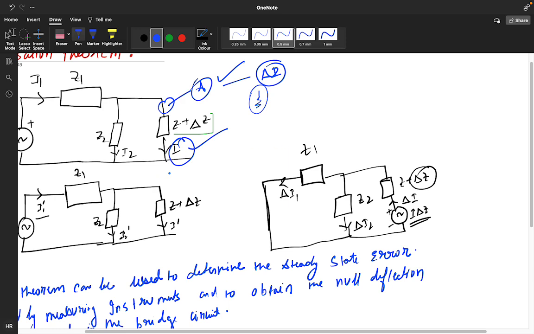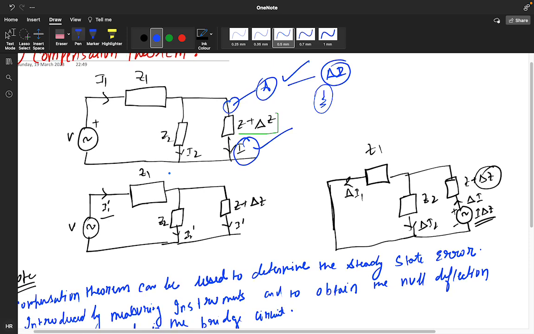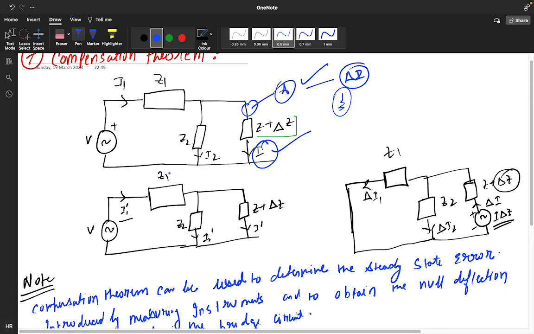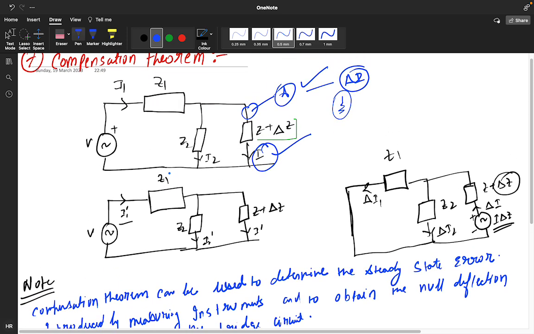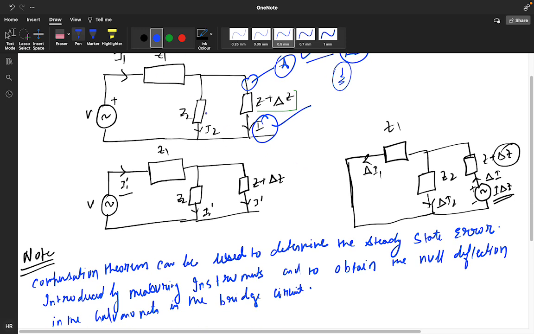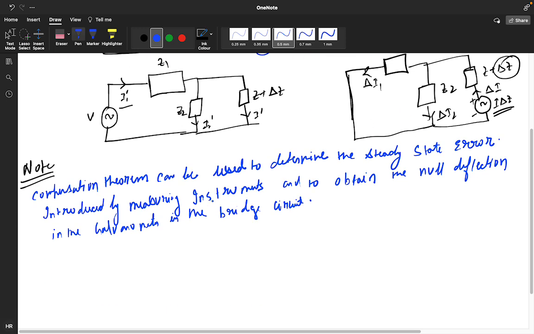We'll see this in measurement and instrumentation in great depth. Here you just have to remember that the compensation theorem can be used to determine the steady state error, because the measuring instrument will introduce some error. You need to remember only this particular thing, and we'll see this in depth in measurement and instrumentation.